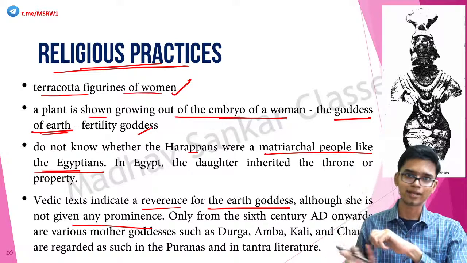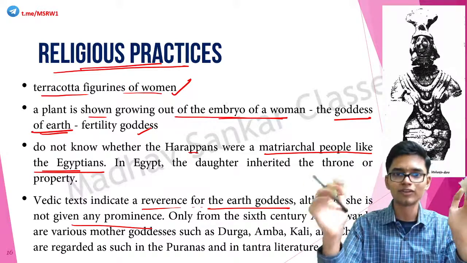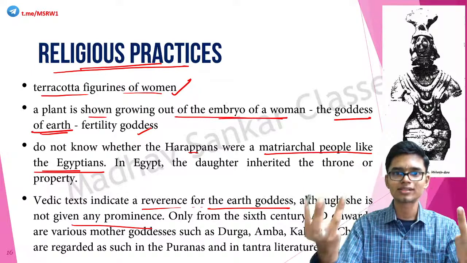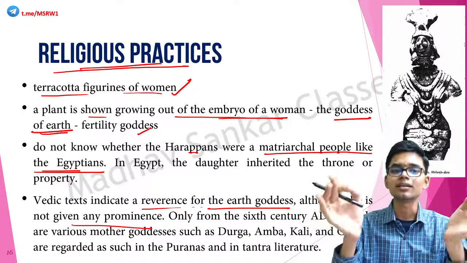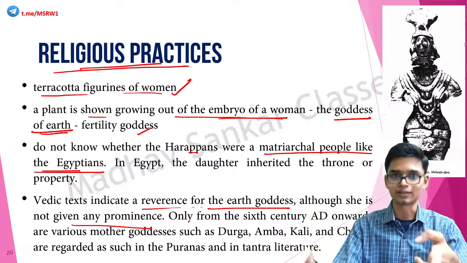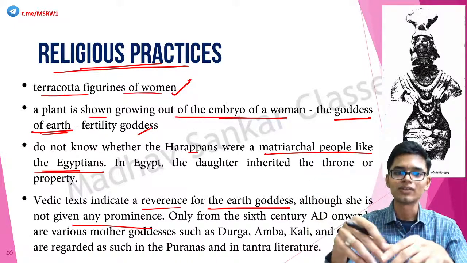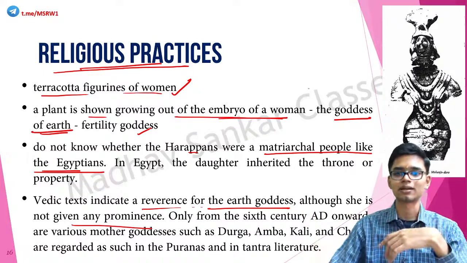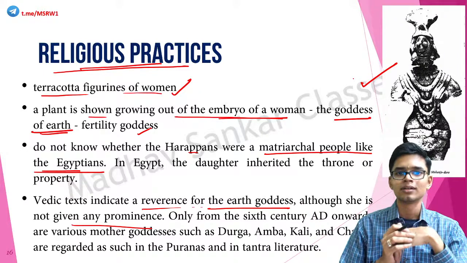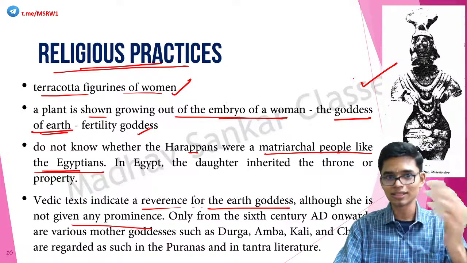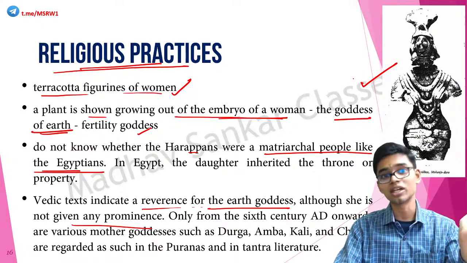So back in the Harappan times, we do not have any kind of modern-day gods and goddesses, but the only goddess that we have is probably the fertility goddess, the Mother Earth, depicted by a terracotta figurine which is named by the historians as Mother Goddess. Clear? We do not come across Durga, Amba, etc. These goddesses come into the picture only very late.